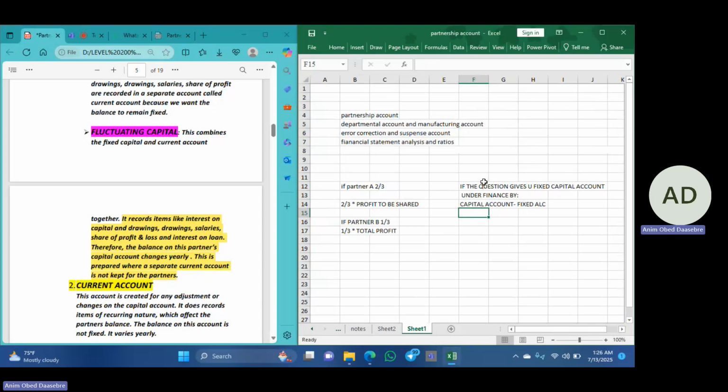The balance on that current account will also be transferred under the finance by. You get it? So we are going to record these two items under the finance by. So then you also record current accounts.